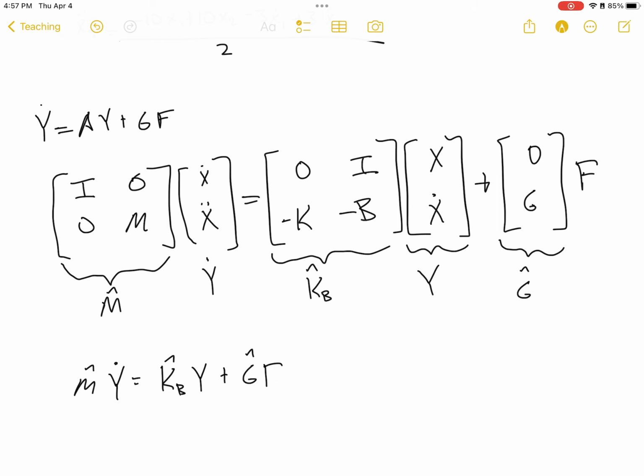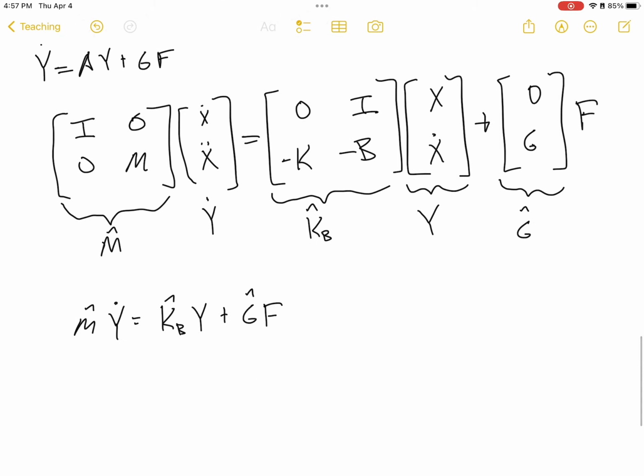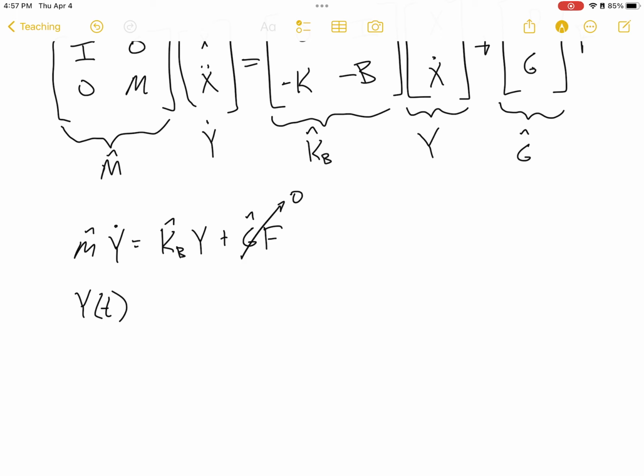we can use techniques of linear algebra to find the solution y of t. We can figure out what this system is going to be doing in time. So let's look at just the homogeneous case. So we'll say this is equal to 0. And we'll assume the solution y homogeneous of t is equal to u e to the pt. And so if we take the derivative of that, y dot is going to be u p e to the pt. And we can plug that in.